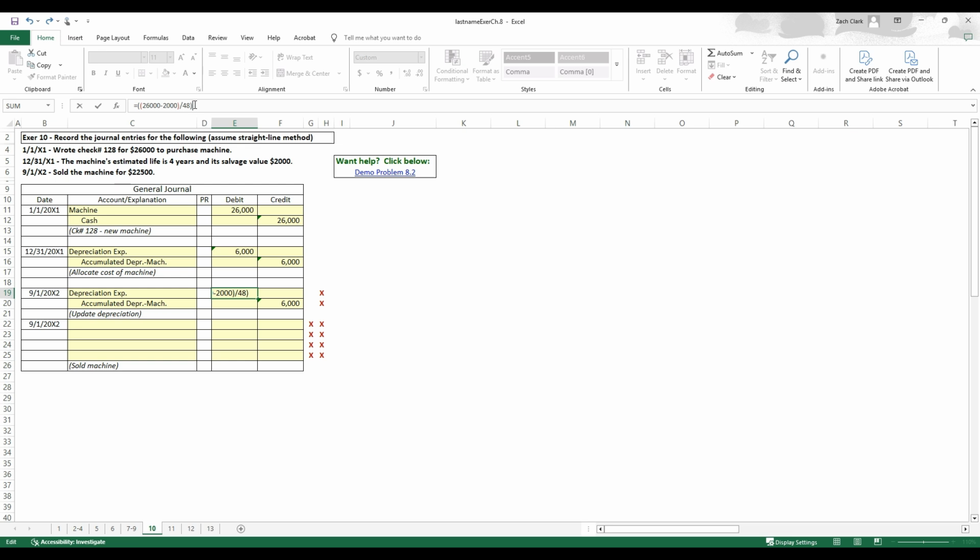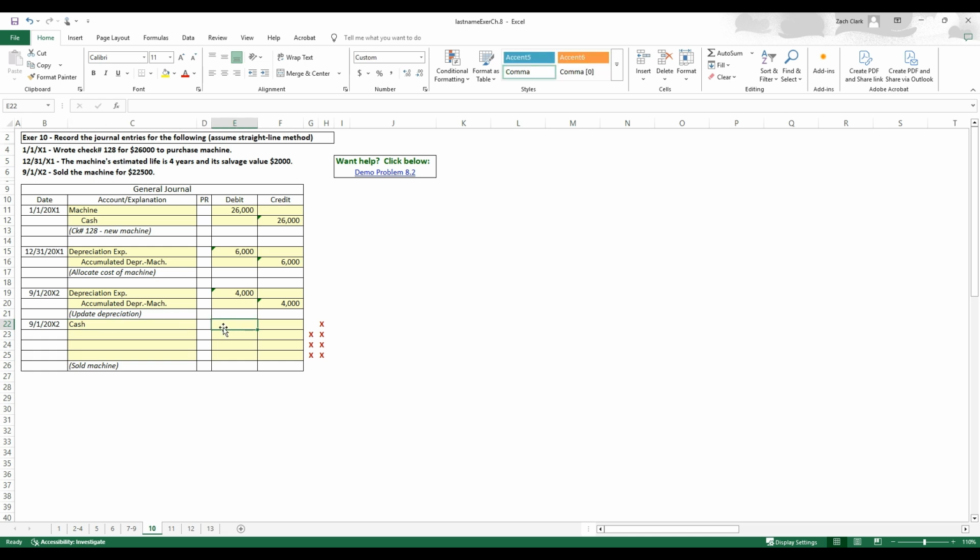And so 48 months, and then in this year we had, looks like 8 months of depreciation to record. So we've got that done. And now, with the full amount of depreciation that we recorded, here would be 10,000 of depreciation to date when we sell the thing.